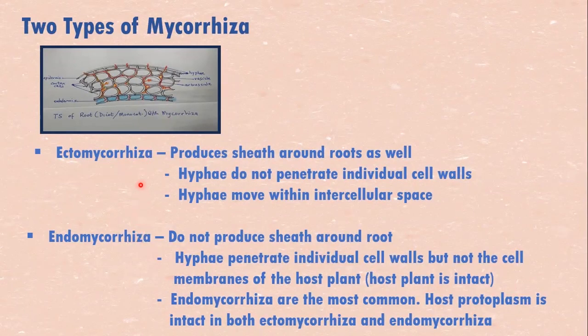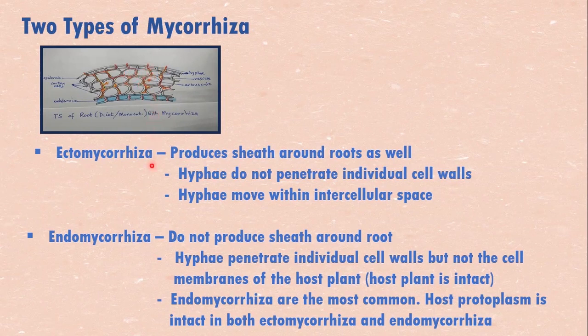Now, the ectomycorrhiza produces a sheath around the roots, and then it generates the hyphae from the sheath, and the hyphae runs in between intercellular spaces in the ectomycorrhiza. The hyphae do not penetrate the cell walls. The hyphae just run through intercellular spaces and form its vesicles and its arbuscules.